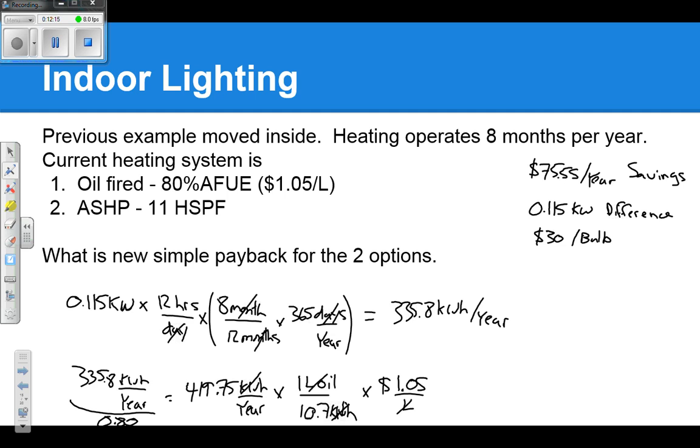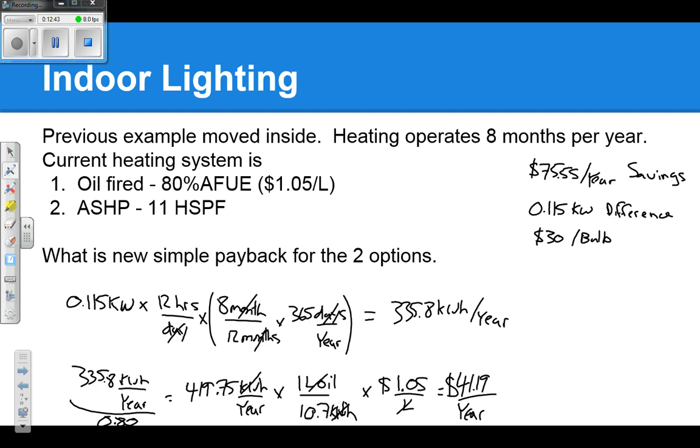So I'm left with dollars per year. Divide by 10.7 and multiply by 1.05 and that gives me 41.19 dollars per year. That's my increased oil cost.